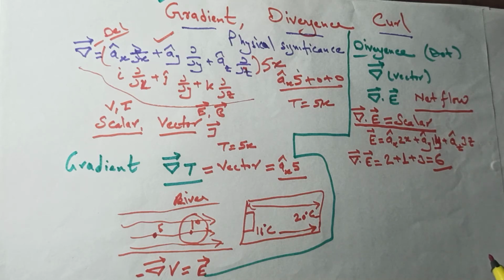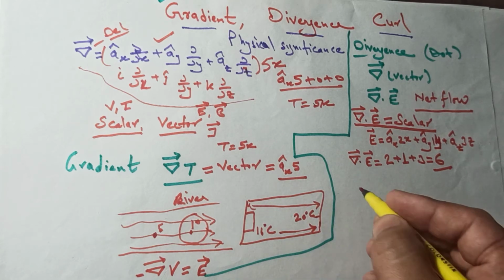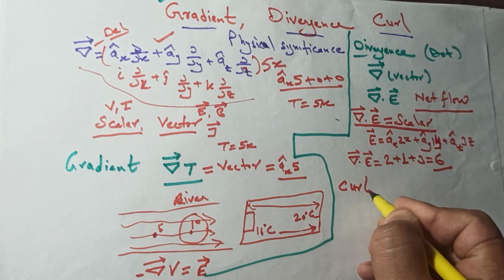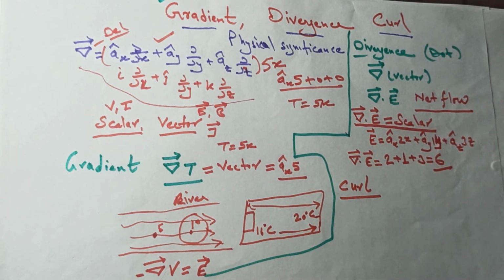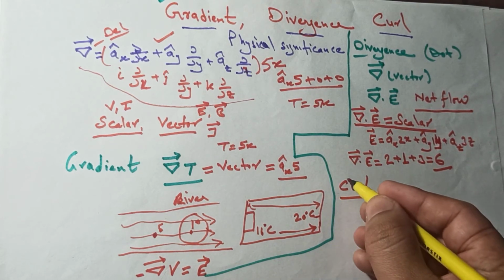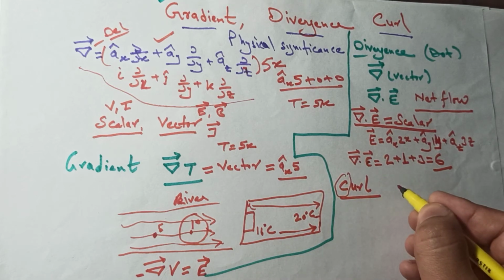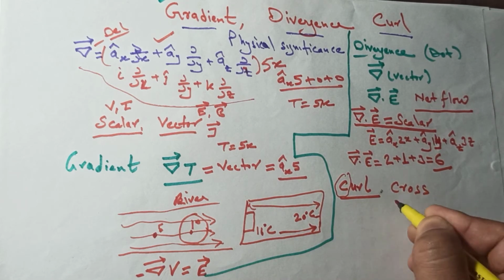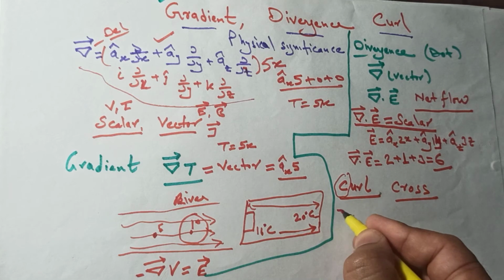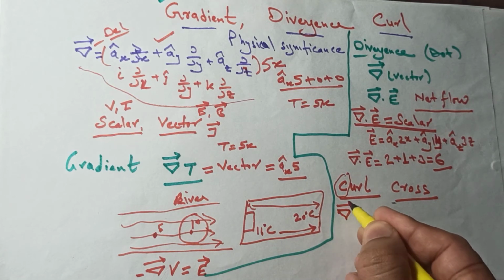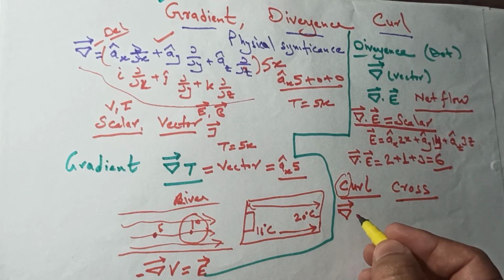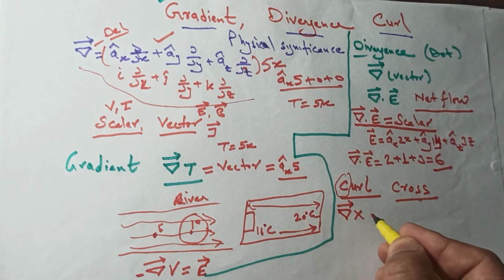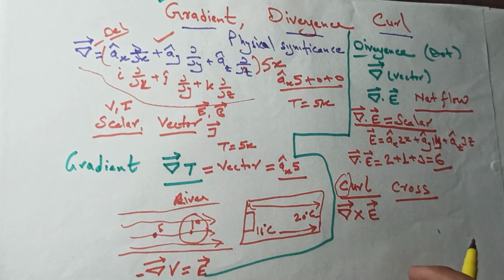Now move on to the curl. C stands for curl and C stands for cross. Simple, remember it like that. So it is a cross product of the del operator with any vector quantity. Let us again take the example of the electric field.